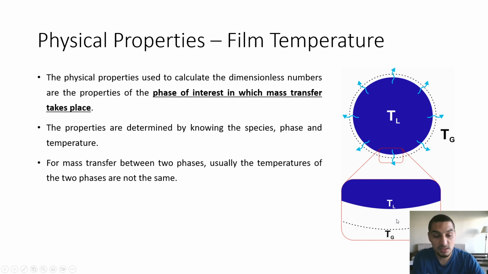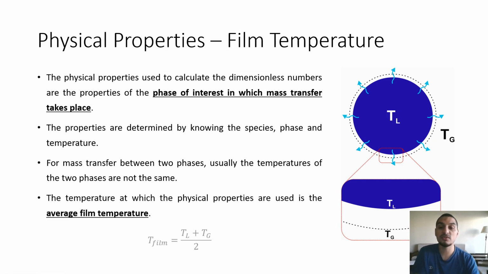The temperature here is not the gas temperature and is not the liquid temperature. It's something in between, which is an average temperature that we call the average film temperature, which is the liquid temperature plus the gas temperature divided by 2. So this is the temperature that we use to get the physical properties.